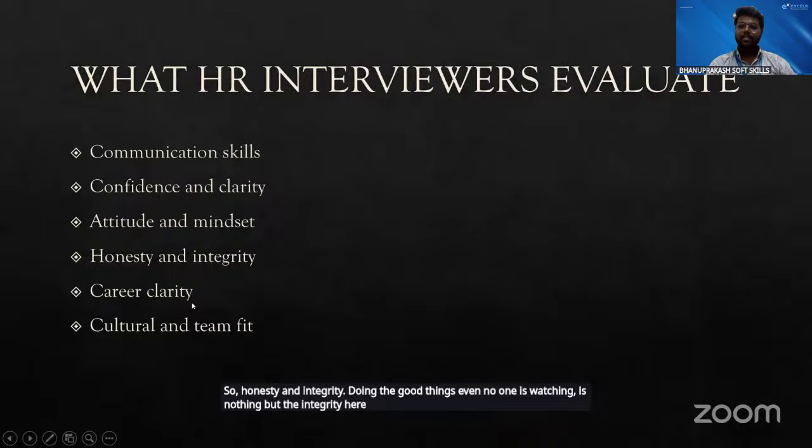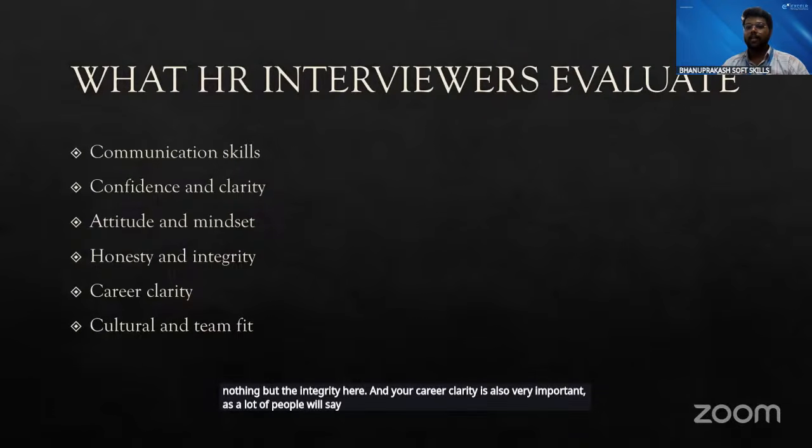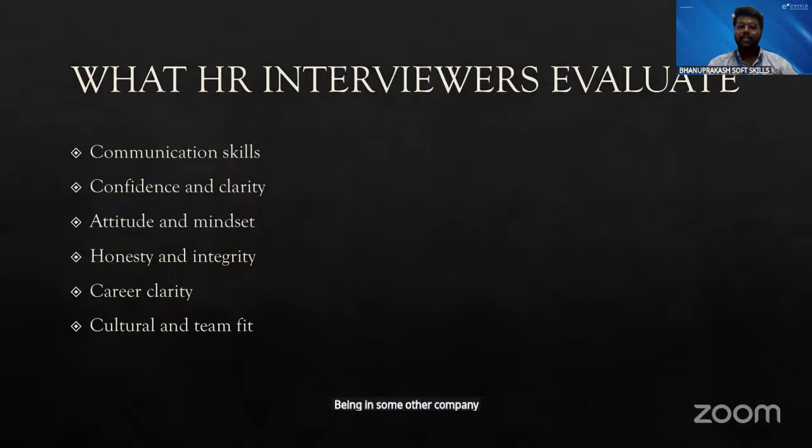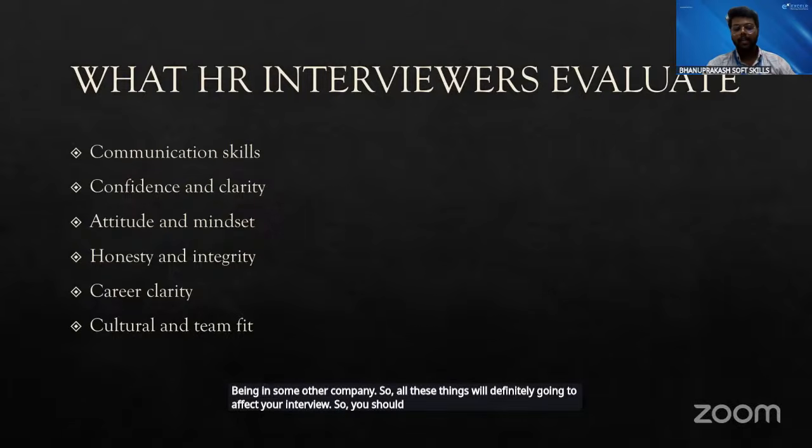And your career clarity is also very important, as a lot of people will say their own plans, like setting up their own business or being in some other company. All these things will definitely affect your interview. So you should never share anything related to your personal life or any of the plans you have.